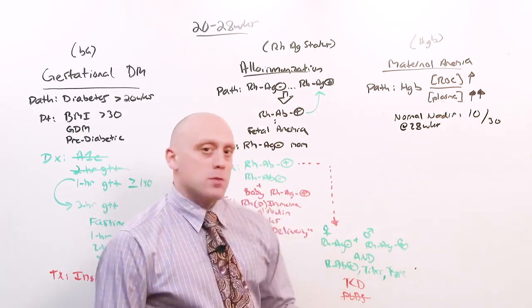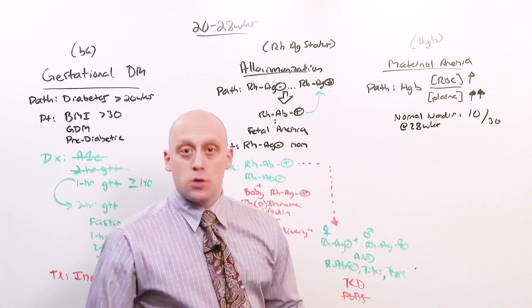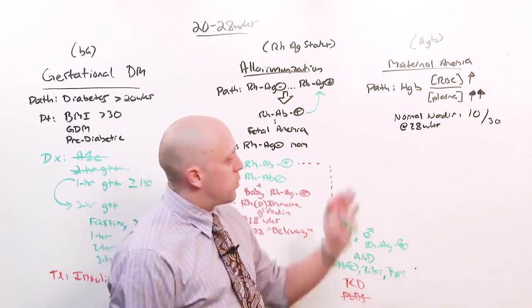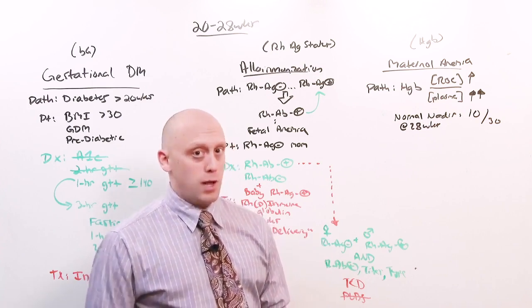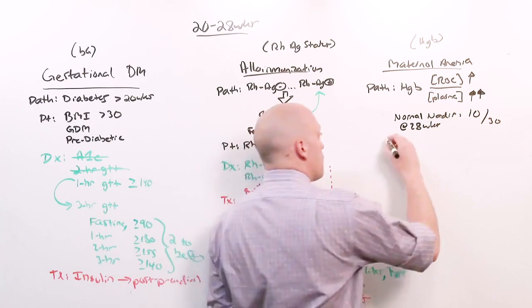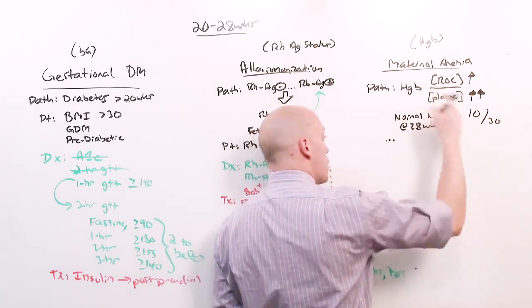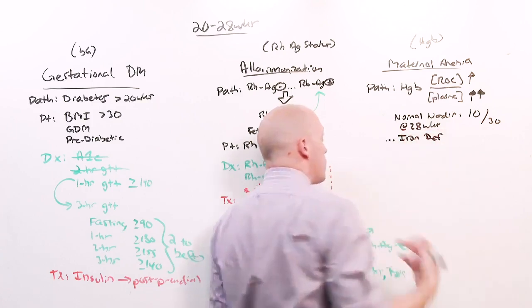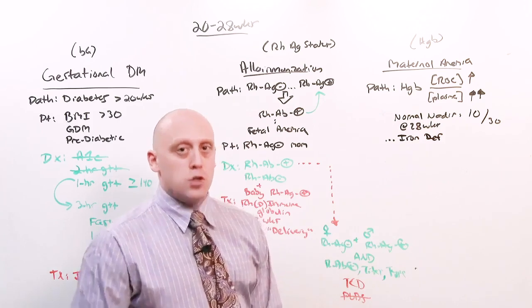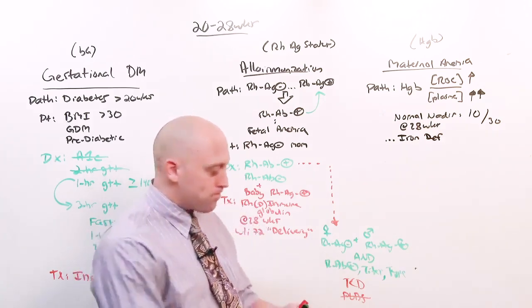Some people are crit people, some people are hemoglobin people. They're interchangeable effectively. 10 and 30 is where you expect them to get normally, around 28 weeks. If, however, they are getting lower than that, they may have an iron deficiency. The reflex of maternal anemia should be iron deficiency.